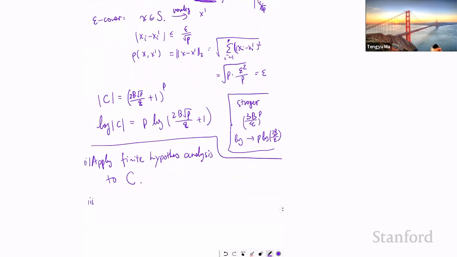And then we extend 1 to the whole set S.